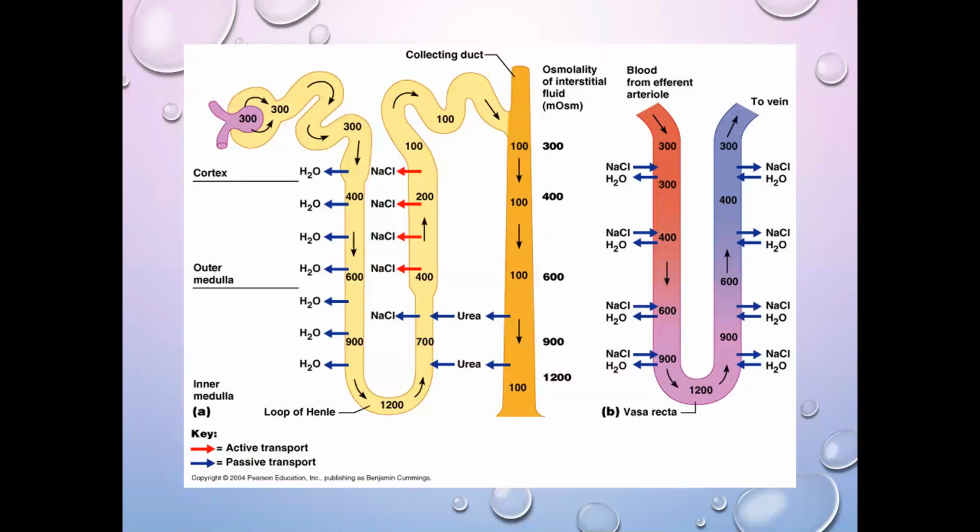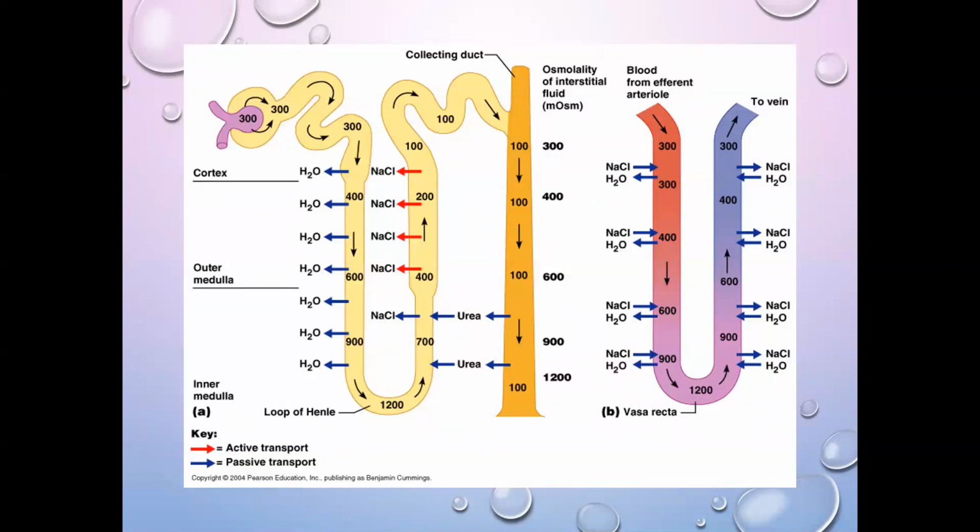So how are we going to make this water want to come out when I'm losing water, losing water, losing water? If I'm losing water here, what's it like inside of my tubule? Well, my tubule is also getting more concentrated.